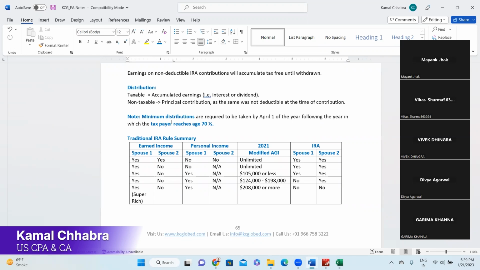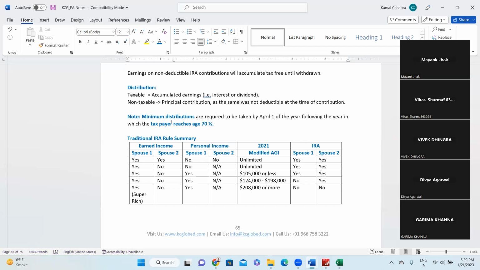But what is non-taxable is your principal contribution which you are making. For example, every month you are making a contribution of $500, right? In a year, you are making a contribution of $6,000, right? On that, you are earning, let's assume, interest of $100. That $100 is considered taxable income in future when you withdraw it, not now, right? Any doubt so far?